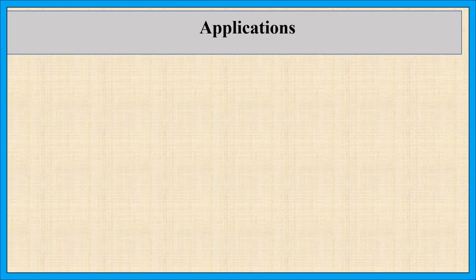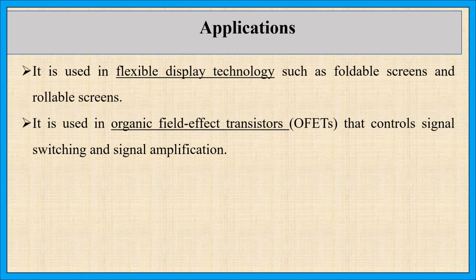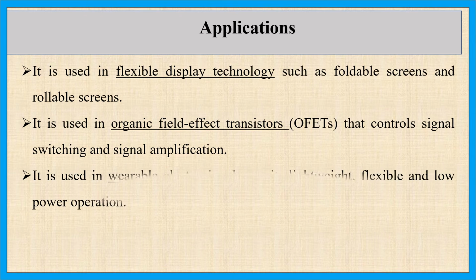Next, let us discuss about applications of Pentacene Semiconductor Chip. The first application is it is used in flexible display technology such as foldable screens and rollable screens. It is also used in organic field effect transistors that control signal switching and signal amplification.